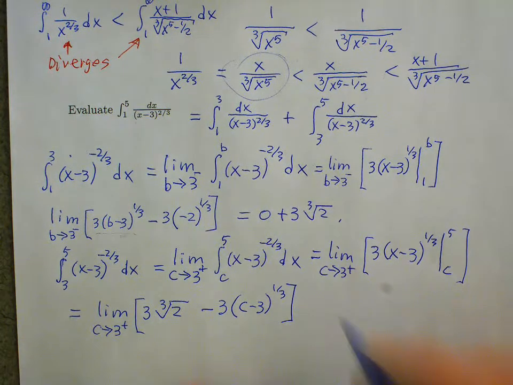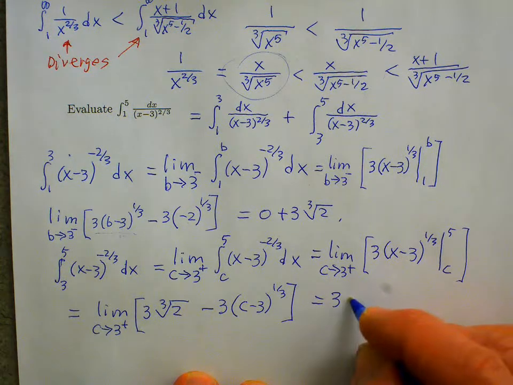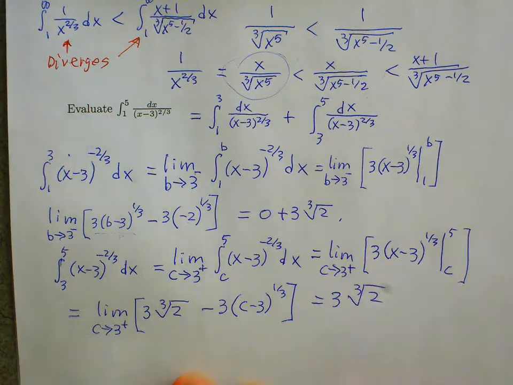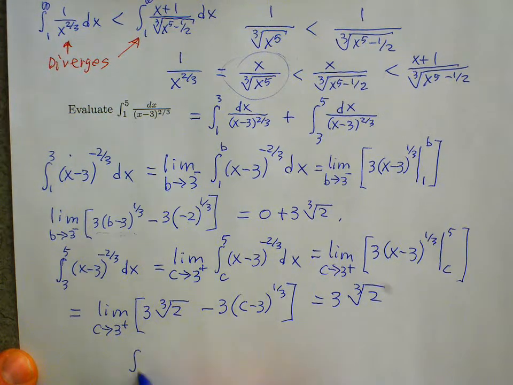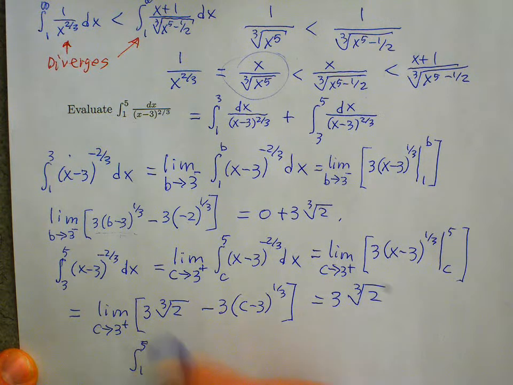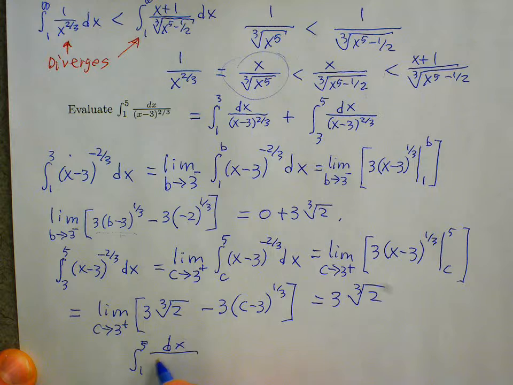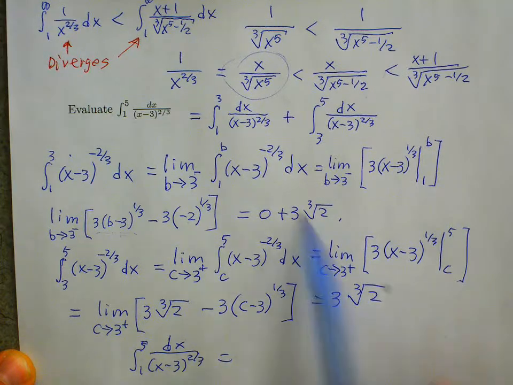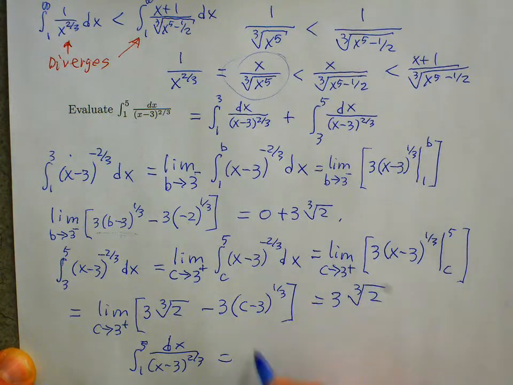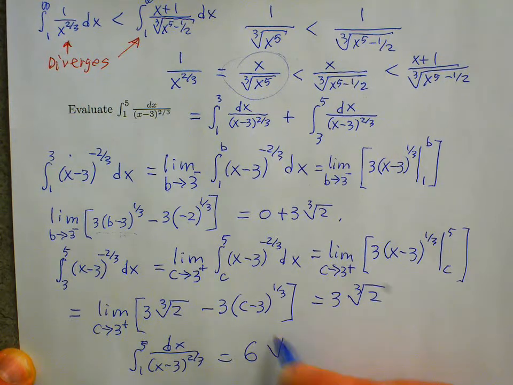So this limit is just 3 times the cubed root of 2. This one has the same value as the other limit. So in conclusion, the improper integral from 1 to 5 of dx over x minus 3 to the 2/3 is equal to the sum of those other two improper integrals, for a total of 6 times the cubed root of 2.